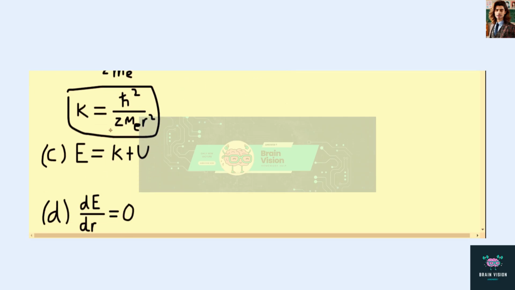Part C, the energy is equal to K plus U, the kinetic plus the potential. So we'll replace the kinetic with the value we found above and the potential with the value that we're given, which is negative the Coulomb constant times e squared over r.